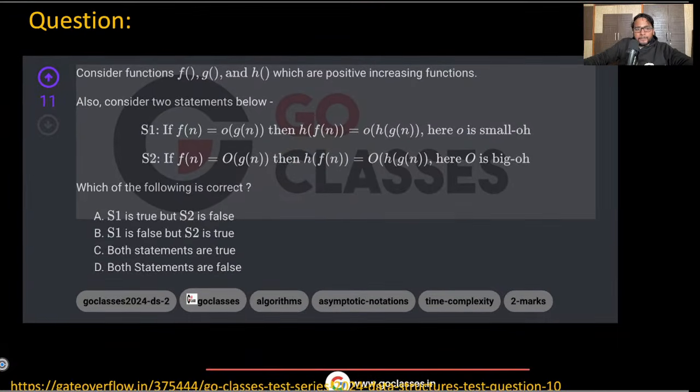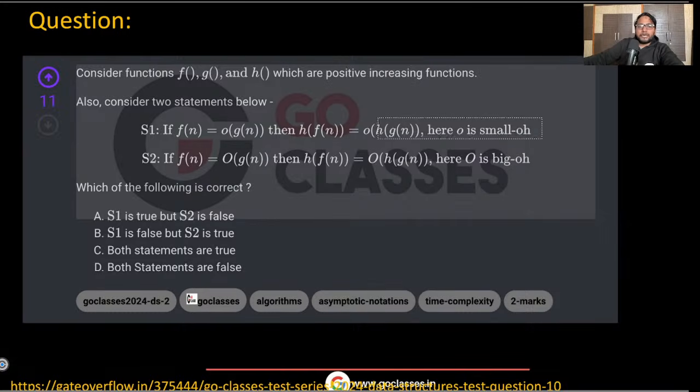Now what they're trying to say is that if both are related by small o, then there is some positive increasing function. There is some increasing function, maybe it could be log, maybe it could be exponent. Then also they are related by small o. Log is also an increasing function, exponent is also an increasing function. They have not specified the increasing function.